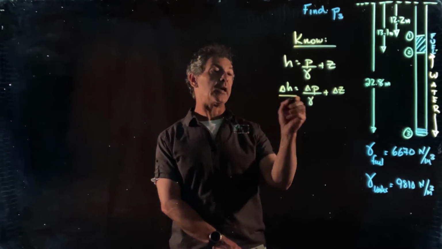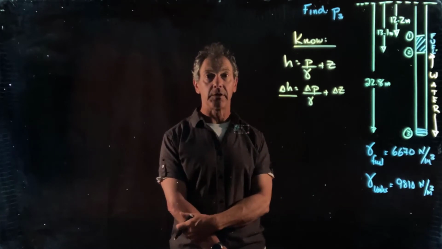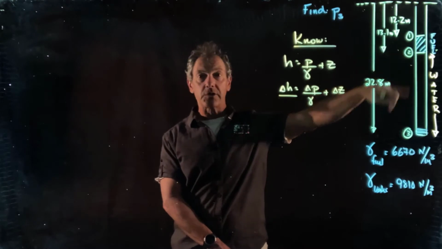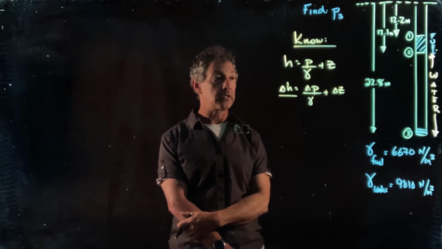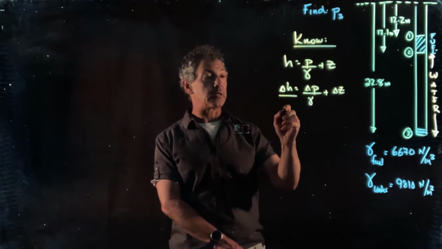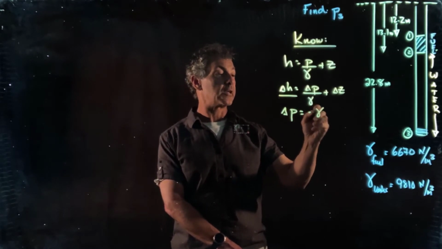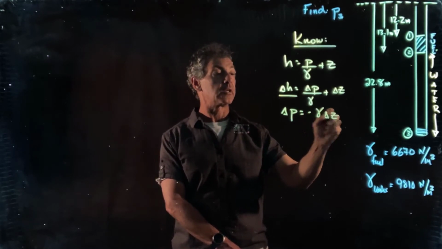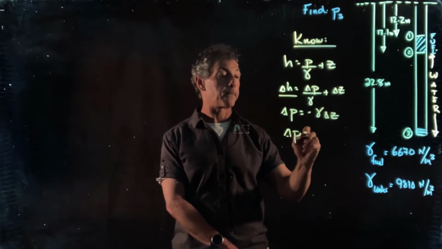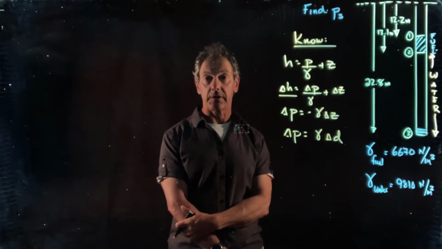So we know that in a static fluid, in the same fluid, head will not change. So if we look at what's going on with the pressure in each one of these fluids individually, then we can simply solve for the change in pressure is equal to minus gamma times the change in elevation, which is equal to gamma times the change in depth, right?